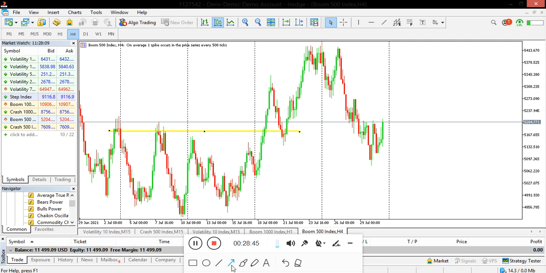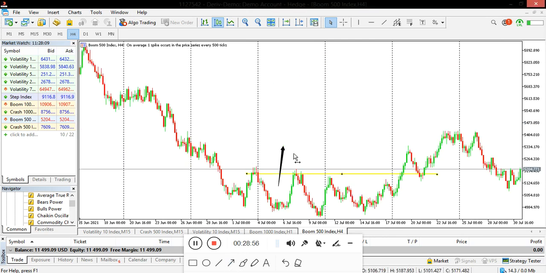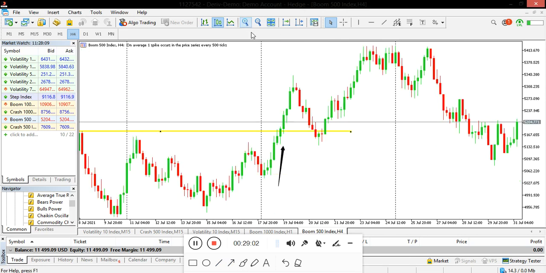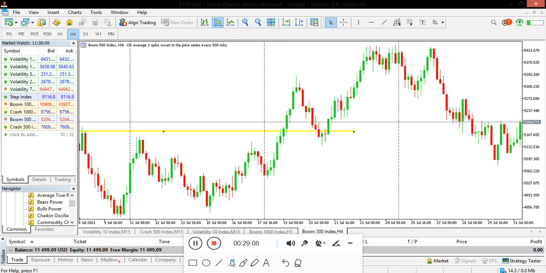Don't forget, you have a 3-bar pattern. This is one. This is 2. This is 1 here. 3 candle bar pattern.